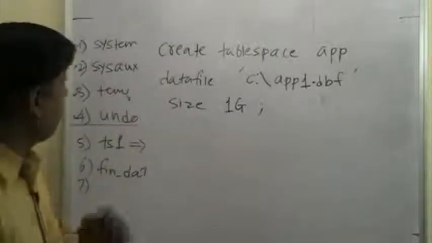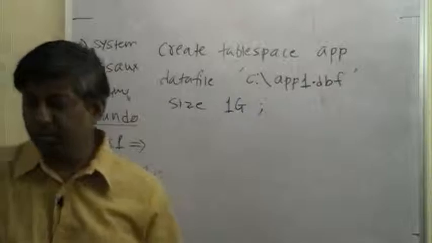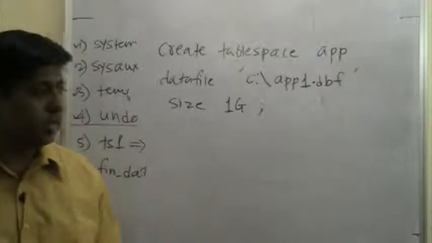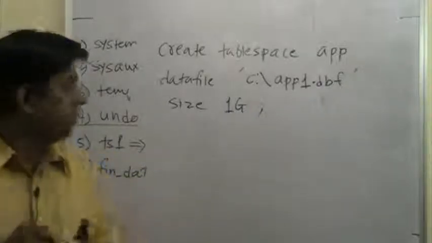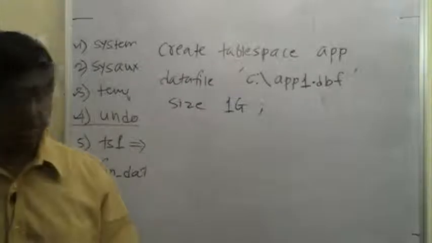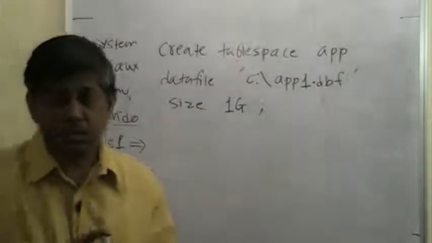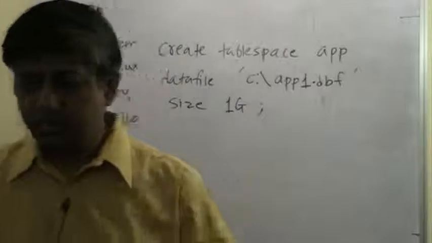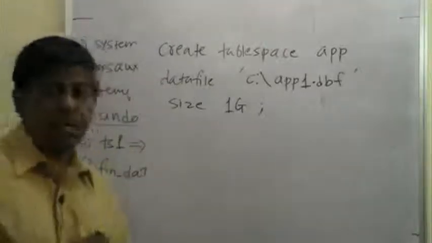Okay, this is the command. Create table space, name of the table space. APP, that is the name of the table space that I have created. You can give any name there. Just don't give the same names like system, sysaux, and undo and temp. So this is how we create a normal table space.